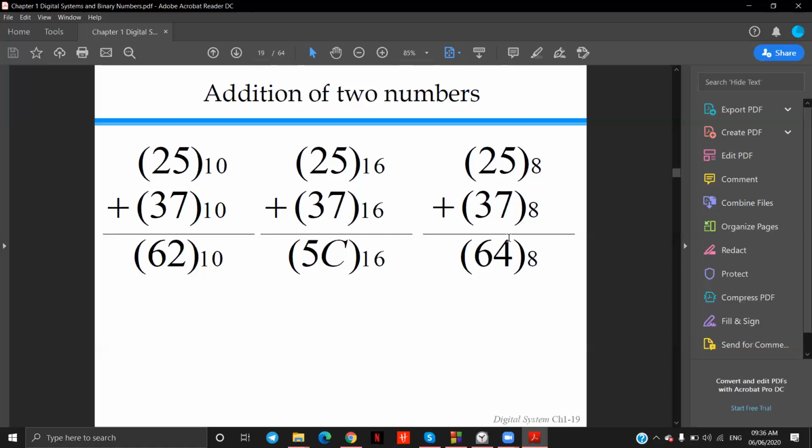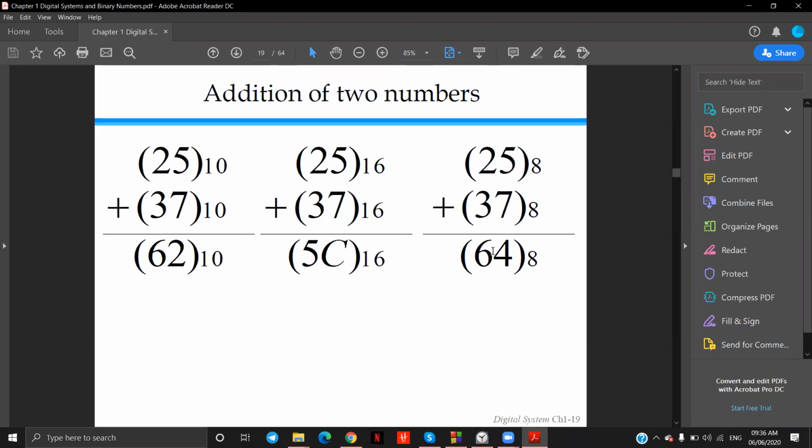Put down the remainder 4 here, and the quotient 1 will count as carry. Just add the carry with 2, that means 2 plus 1, that means 3. Then add this 3: 3 plus 3 is equal to 6.